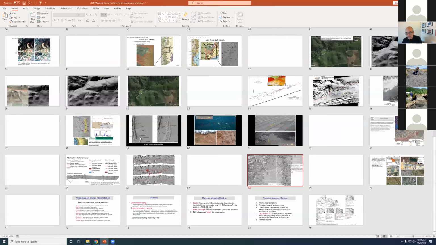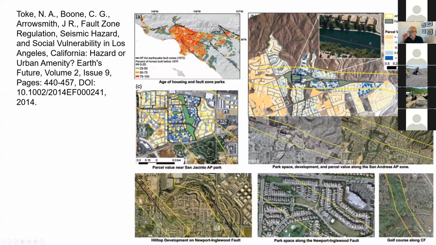So that's that. Another interesting example is this one, which one of my students worked on. In these urban environments, a funny outcome of a lot of this delineation is that it produces places that are a nice place to have a park. So suddenly your mapped fault zone becomes an amenity.